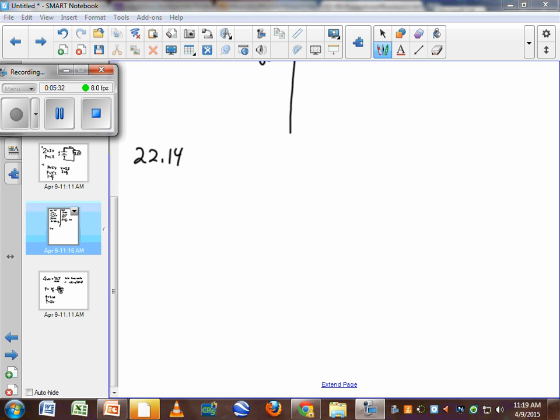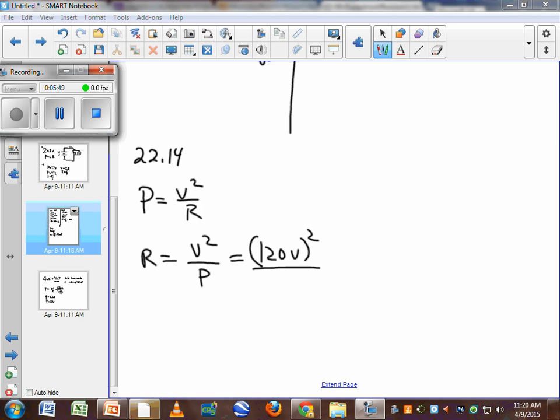We're going to use the power equation, power equals V squared over R. We can rearrange that to be resistance equals V squared over power. So we plug in our 120 volts and square that. Our power is 60 watts. And this ends up giving us a resistance of 240 ohms.